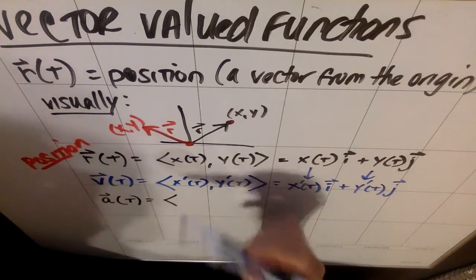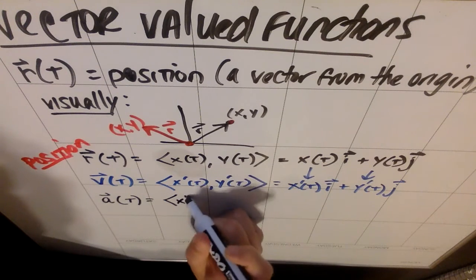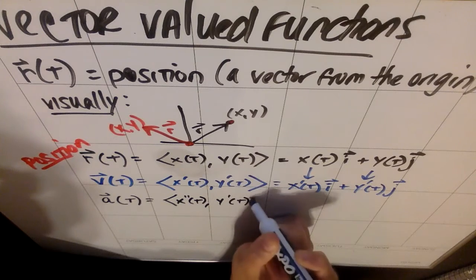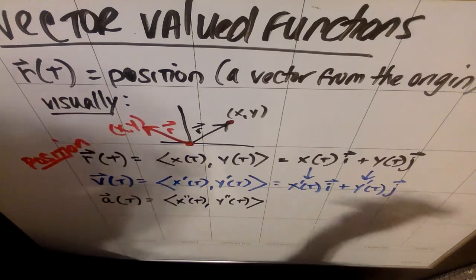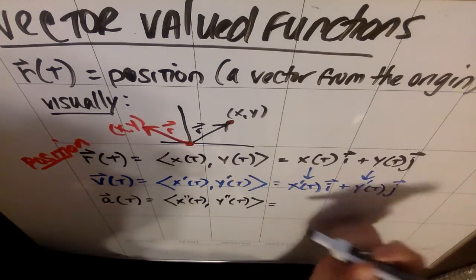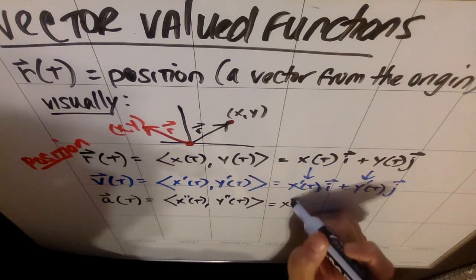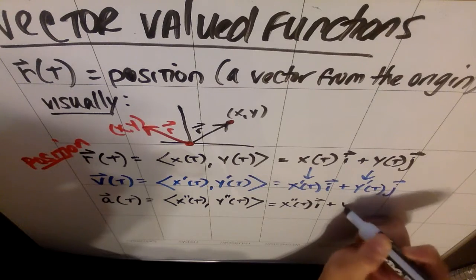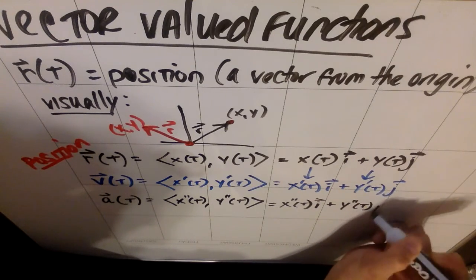So I'm going to take the derivative of my velocity and derive again. So I'm going to get x double prime of t, comma, y prime of t. Y double prime, my bad. And then the same thing if I'm using ij notation. I take this x prime, I derive it again, I get x double prime of t in the i direction, plus my y double prime of t in the j direction.